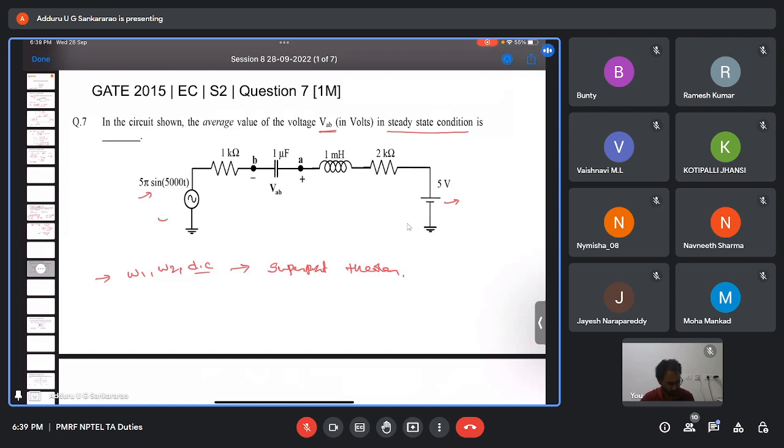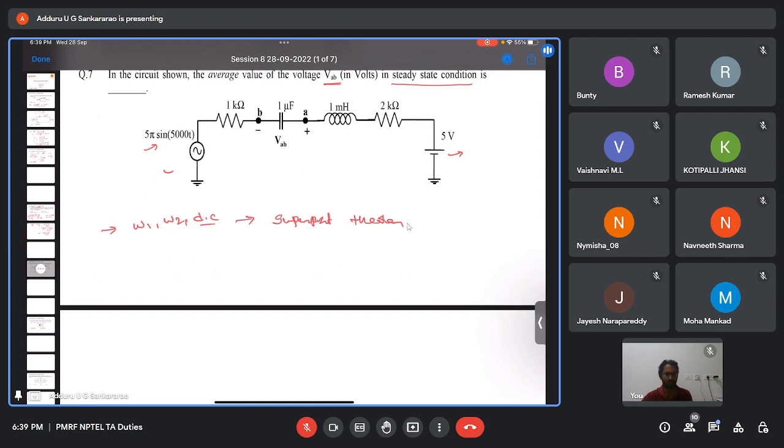So what we do here is use the superposition theorem, considering one source at a time. We know that in a linear circuit, when different sources are acting, we consider one source and deactivate the other sources. Current sources will be open circuited and voltage sources will be short circuited. The overall response is the sum of the individual responses, right?